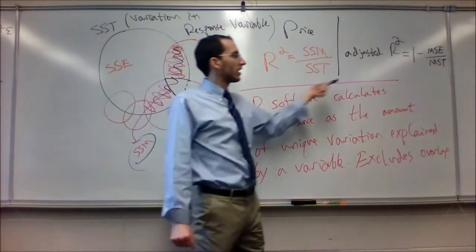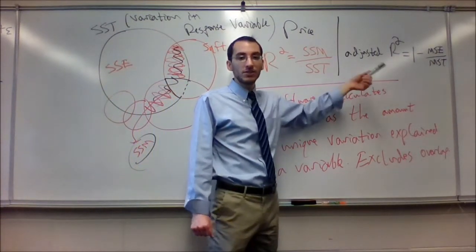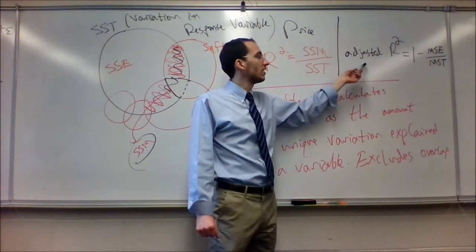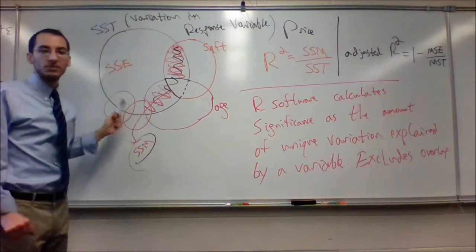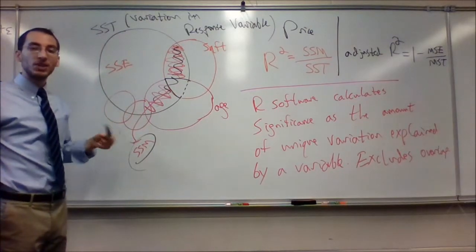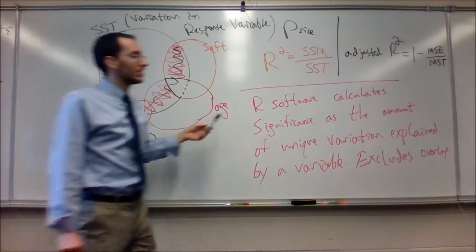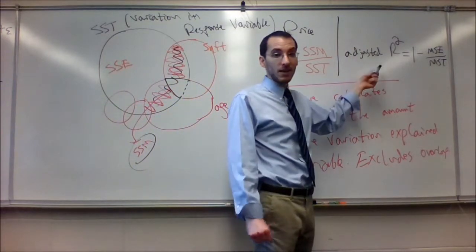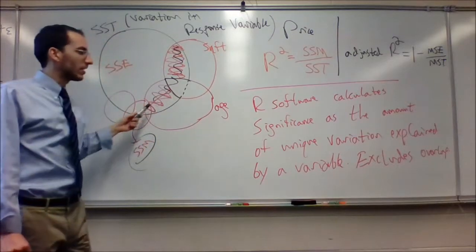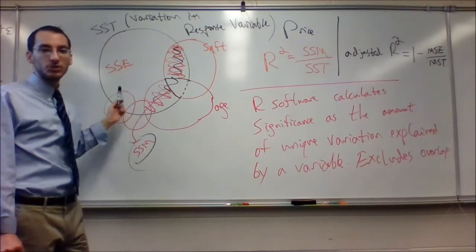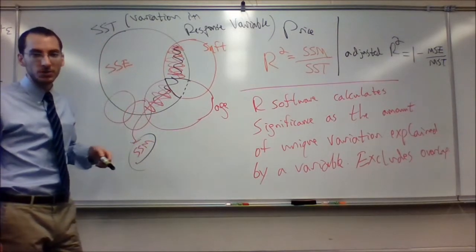But then I can say that that percentage of variation that's being explained, I am taking into account whether or not my variables are significant. If my variables aren't significant, then in the adjusted R squared, I am penalizing myself for adding in insignificant explanatory variables just to increase my R squared.